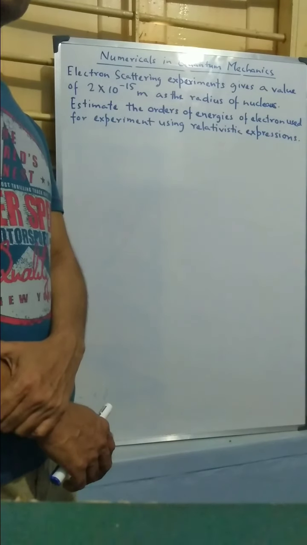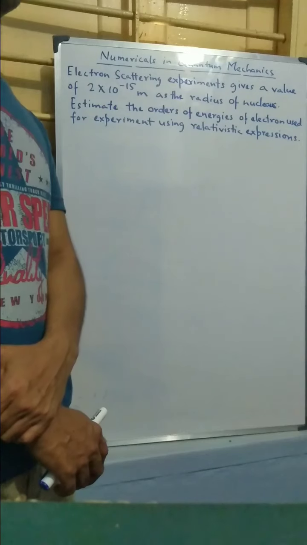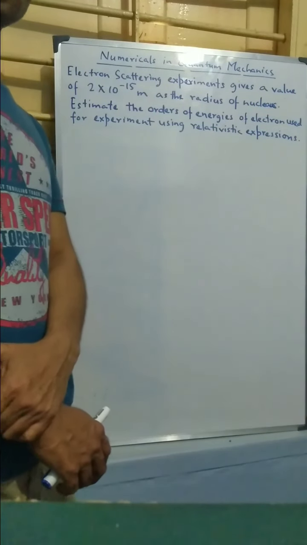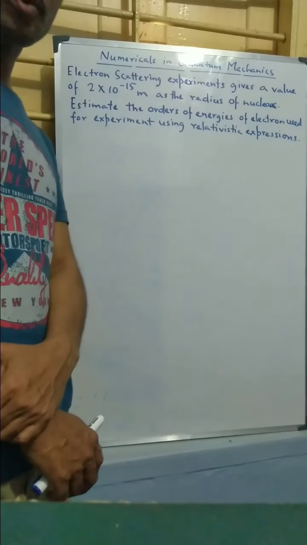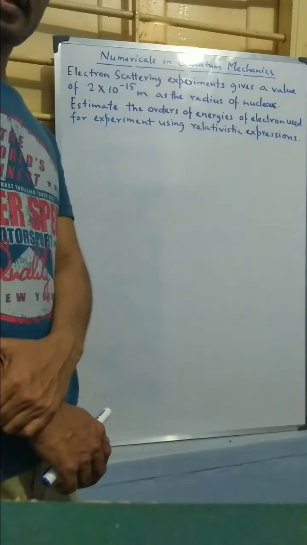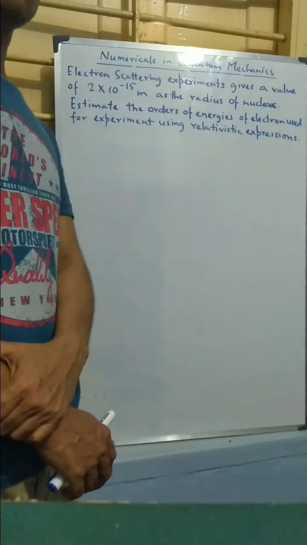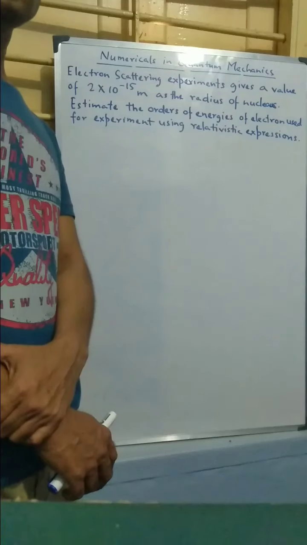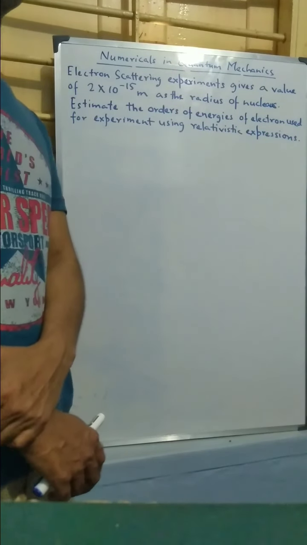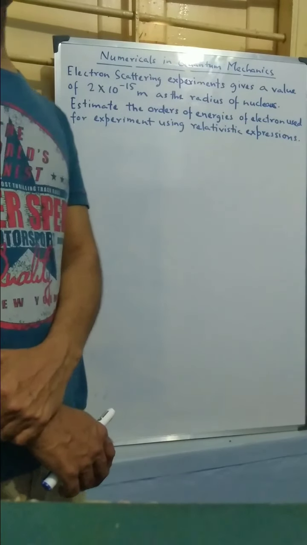Where do we use relativistic corrections? That should be made clear, because for charged particles like electrons, the rest energy is of the order of 0.511 MeV. If any energy is of the order of the rest energy or greater than the rest energy, then we need to take into account the relativistic expression.